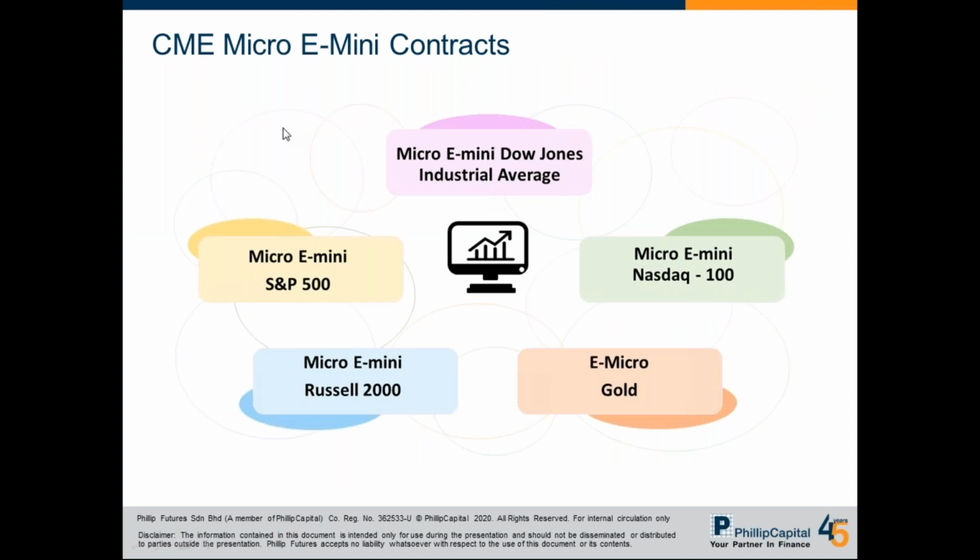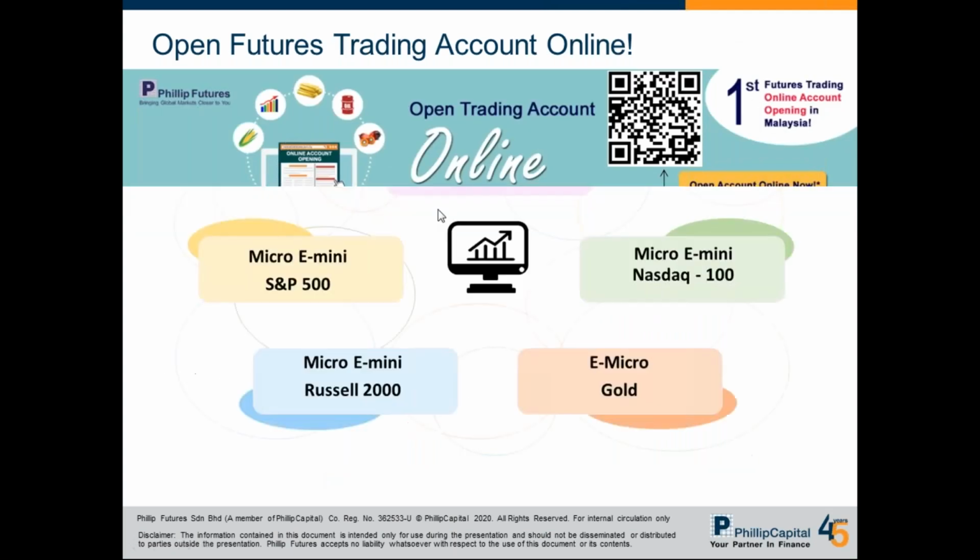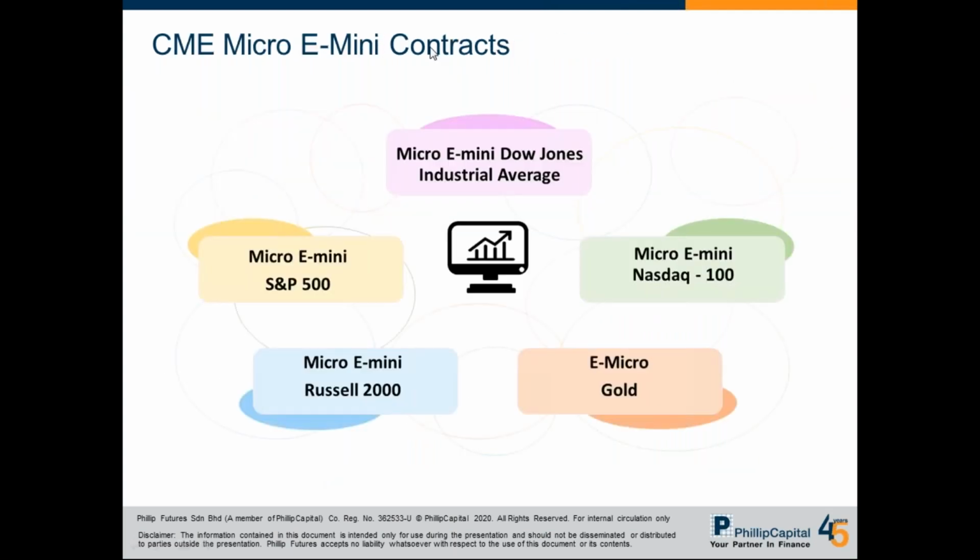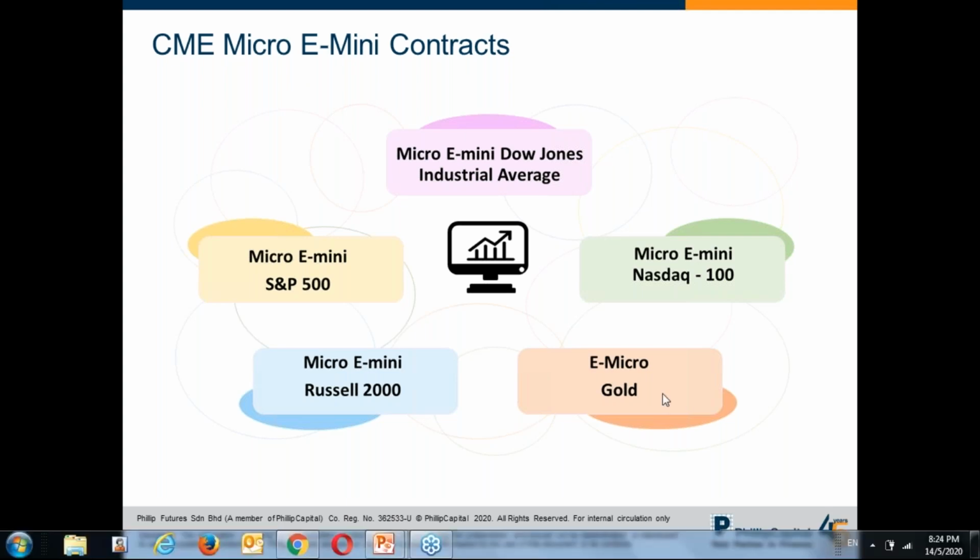Now let's move on. Just to let all of you know that CME has introduced micro contracts since last year. These micro contracts give you access to micro S&P, micro Dow Jones, micro Nasdaq, micro Gold, and even micro Russell, all with very affordable leverage.